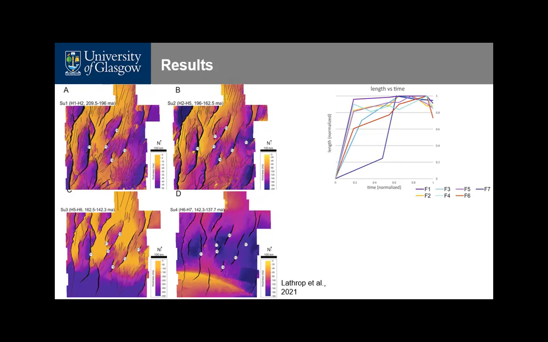Most of the faults reached their near final length between the first and second horizon, so that's before about 20% of the fault's life, with one exception that did have one lengthening episode. And then this is looking at throw versus time, again normalized, and throw remains more or less steady throughout the entirety of the fault's life.